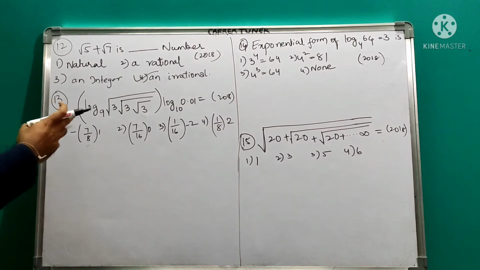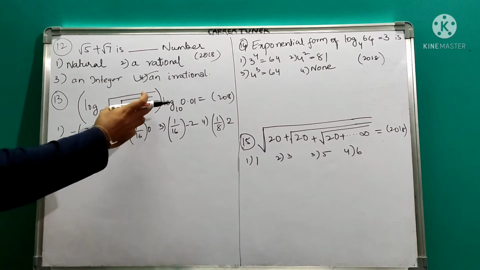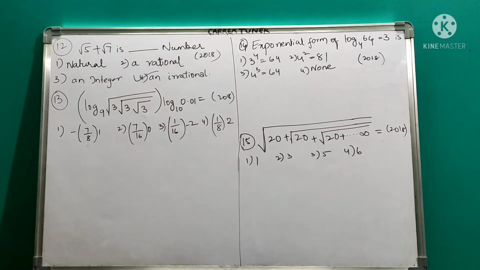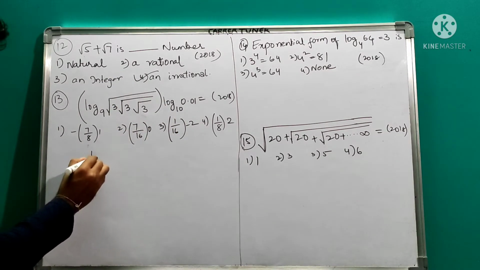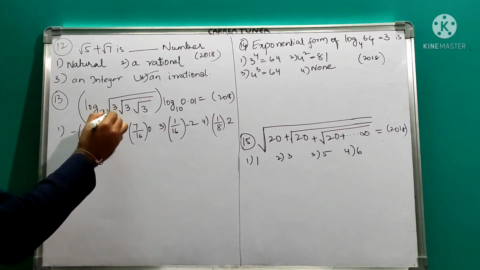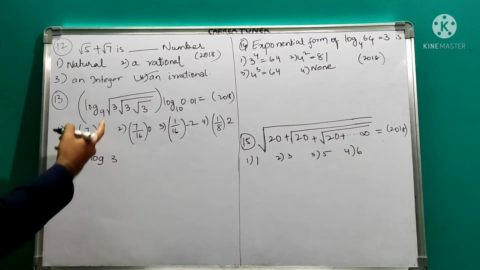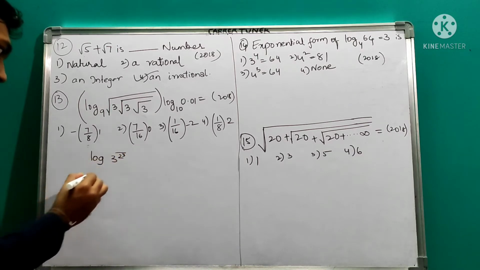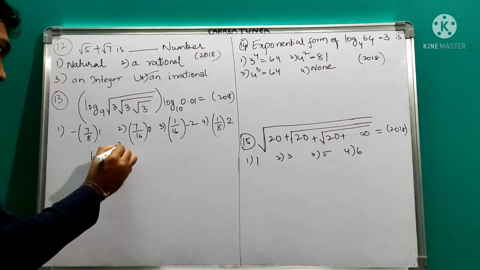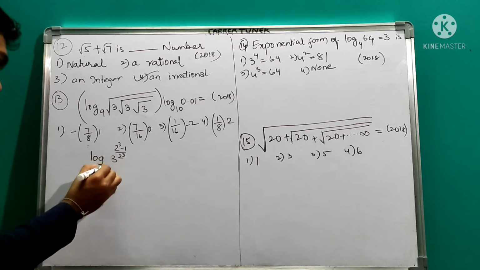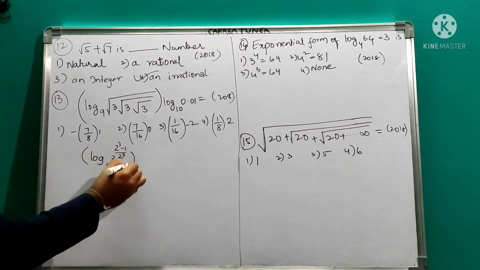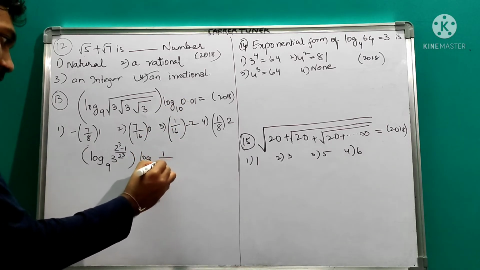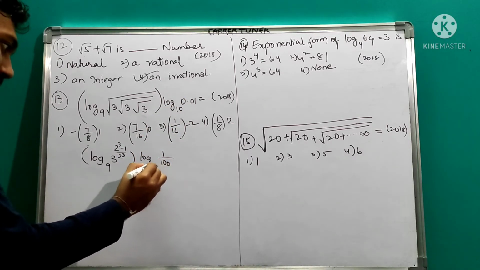Okay. Next question, log root 3 base 9 of log 0.01 base 10. So how to solve this kind of questions? Now you see this is log, so 3 power 1 by 2, 3 times the root is there. So we are going to write it as 3 power 1/2 and in the numerator 3 power 1/2 minus 1, and the base becomes 9 as it is, of, and this is log, and here you have 0.01, in the sense 1 by 100, base 10.